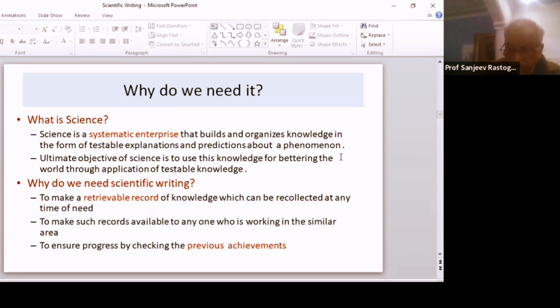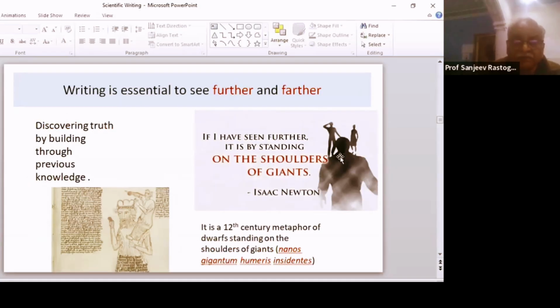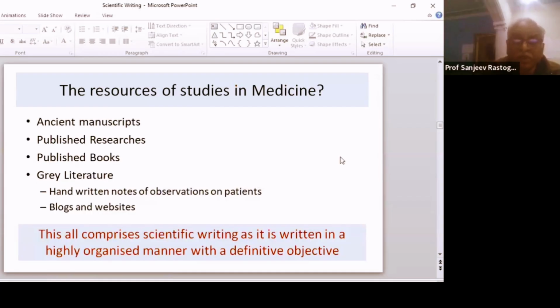This is why record keeping, writing or documentation is required. It has been recognized for a long time that writing is essential to make progress, even in the time of Newton and Robert Hooke.